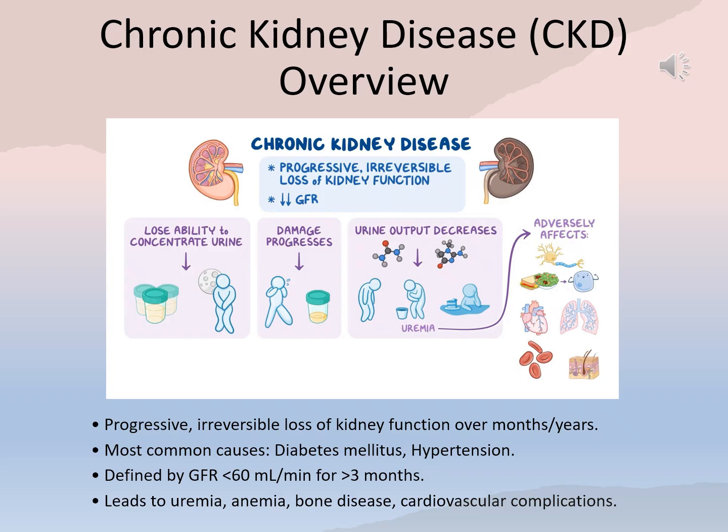Some of the common causes of CKD that we see a lot are chronic infections or medications that are nephrotoxic, patients taking those frequently, things like NSAIDs or recurrent pyelonephritis cases. We also have patients who have diabetes, and diabetic nephropathy is really something that damages those kidneys a lot.